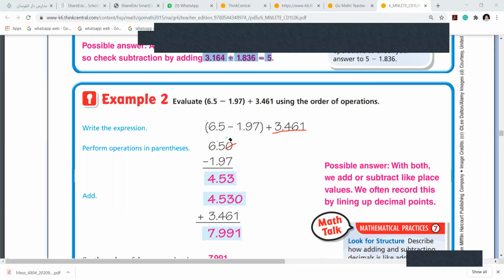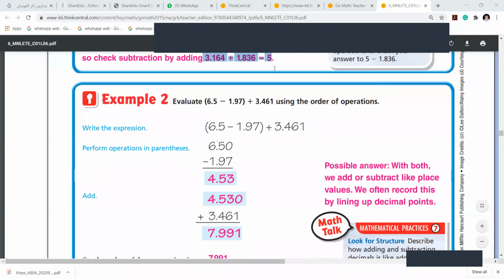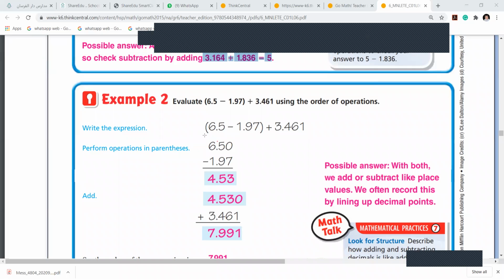Okay, let me explain again. When you see something which has addition and subtraction, you will always solve what is in the bracket. What is in the bracket? 6.5 minus 1.97. This is your question.